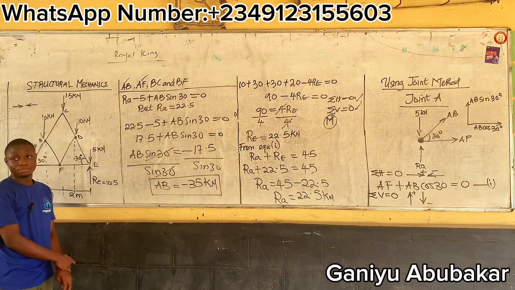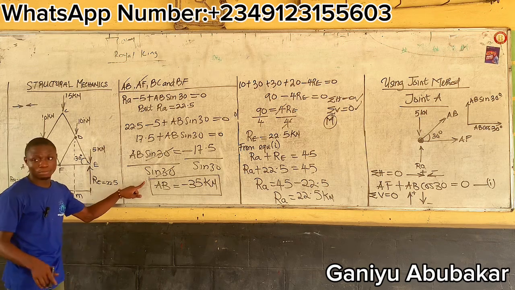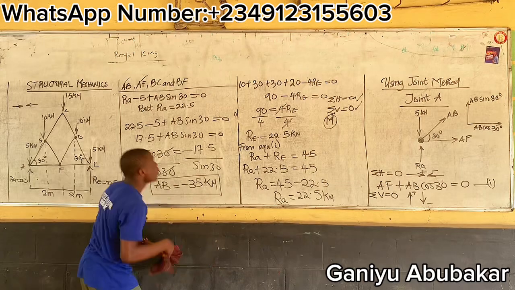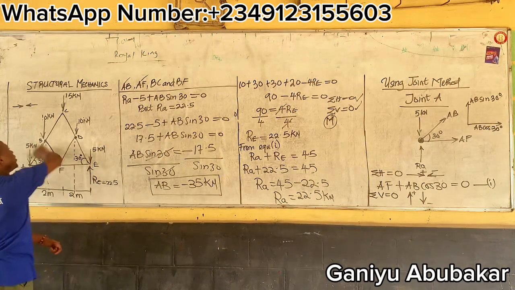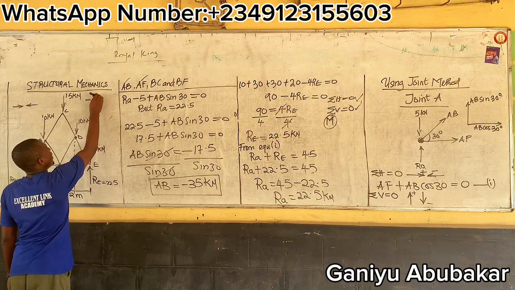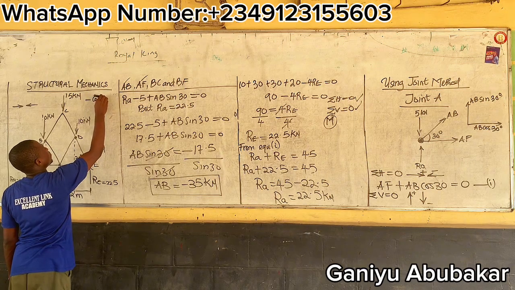Keep it pending. All right, I've gotten AB. So I've known AB. Now look up. In these trusses, whenever you have a negative answer, we call it compressive.